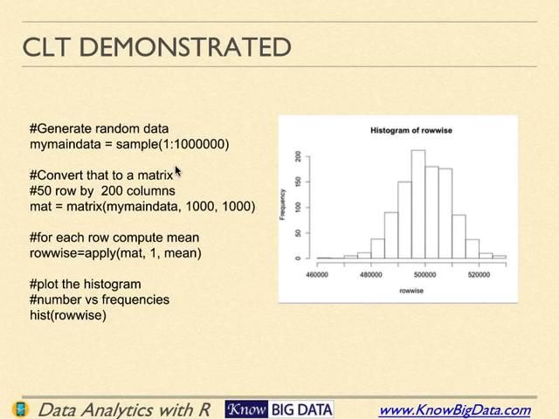Next, we first convert it into 1,000 samples of 1,000 records each. Each of those 1,000 samples we take the mean of, which means we'll have 1,000 means. Now we are computing those 1,000 means.